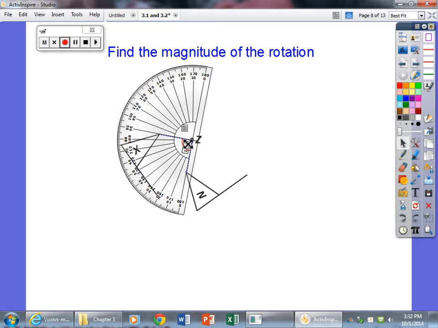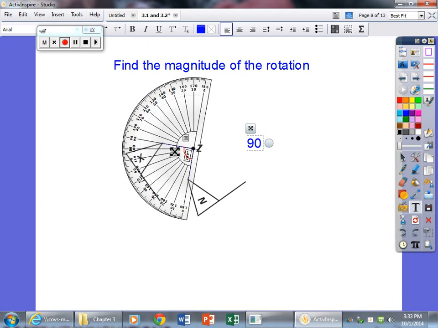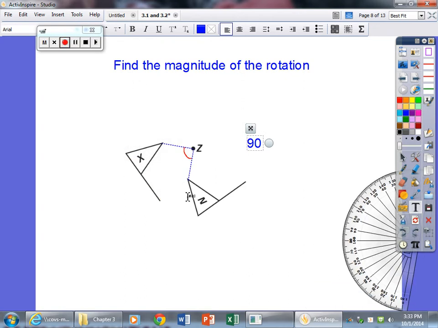So this appears to be a 90-degree rotation, and it is 90 degrees. Depending on how you're looking at it, whether it's clockwise or counterclockwise: did I rotate X up to N? Well, that would be a negative rotation because it's going in the negative direction.